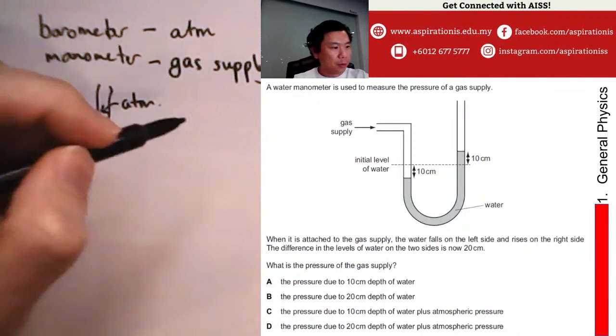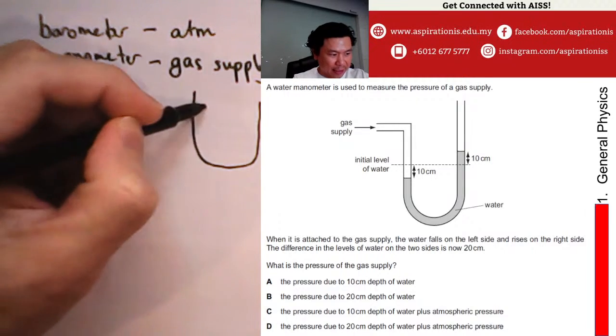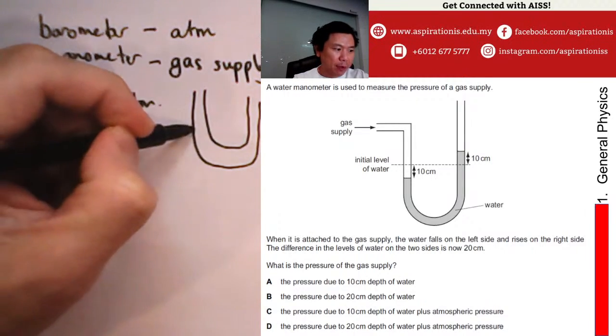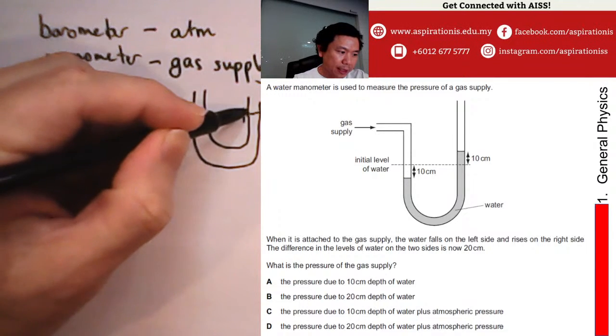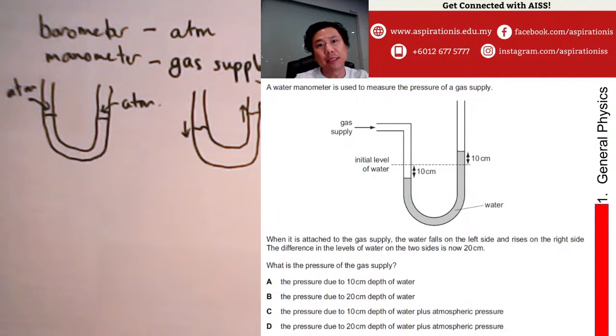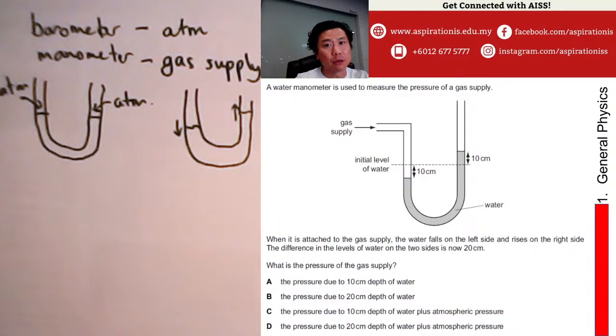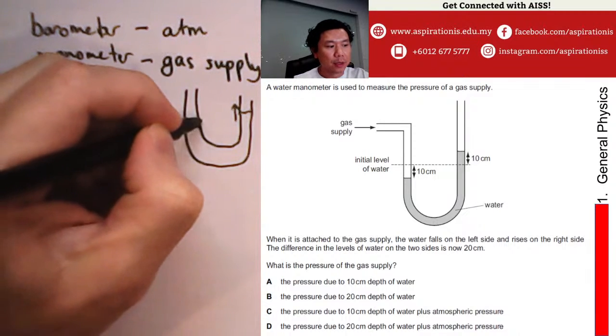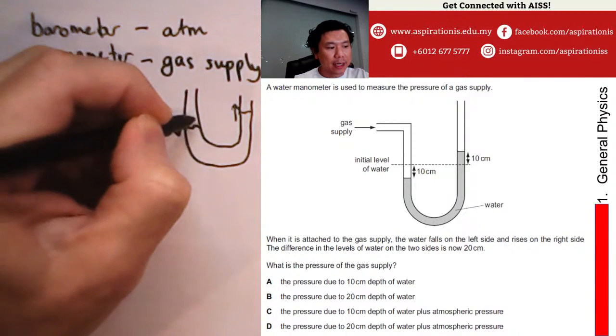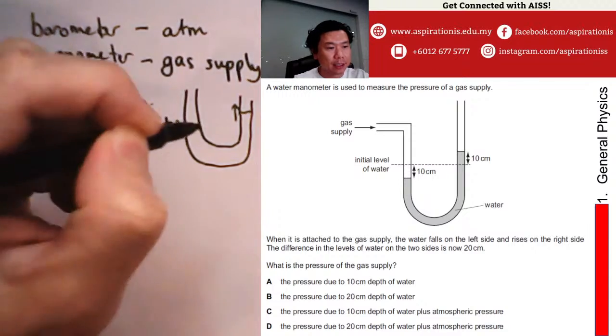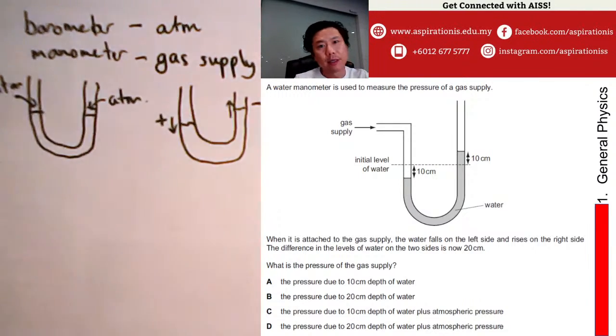Now, what if one side goes down and one side goes up? It means that the pressure on both sides is not equal, so you need to identify which side is experiencing the higher pressure. Of course this side is lower and this is higher, so the pressure here will be greater and the pressure here will be lower. That's what you need to understand.